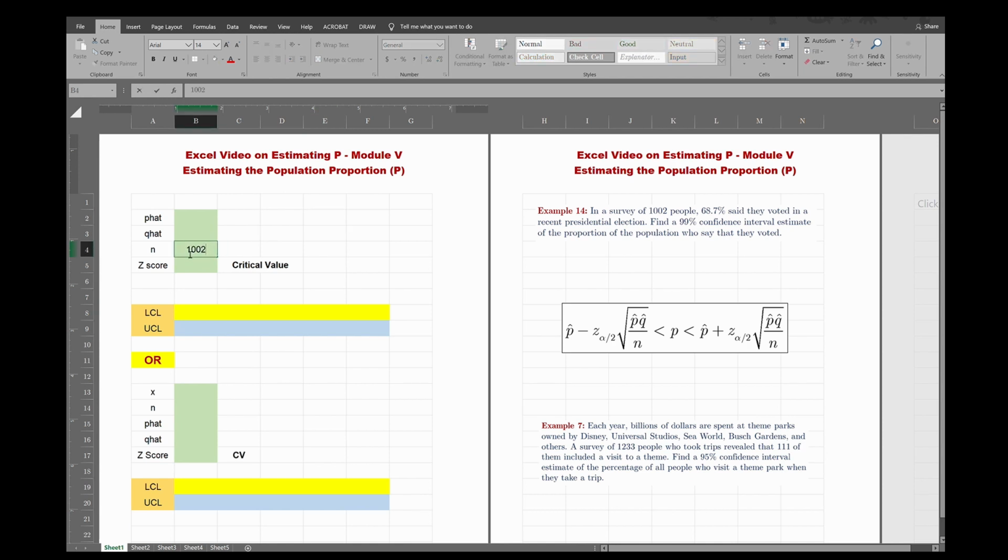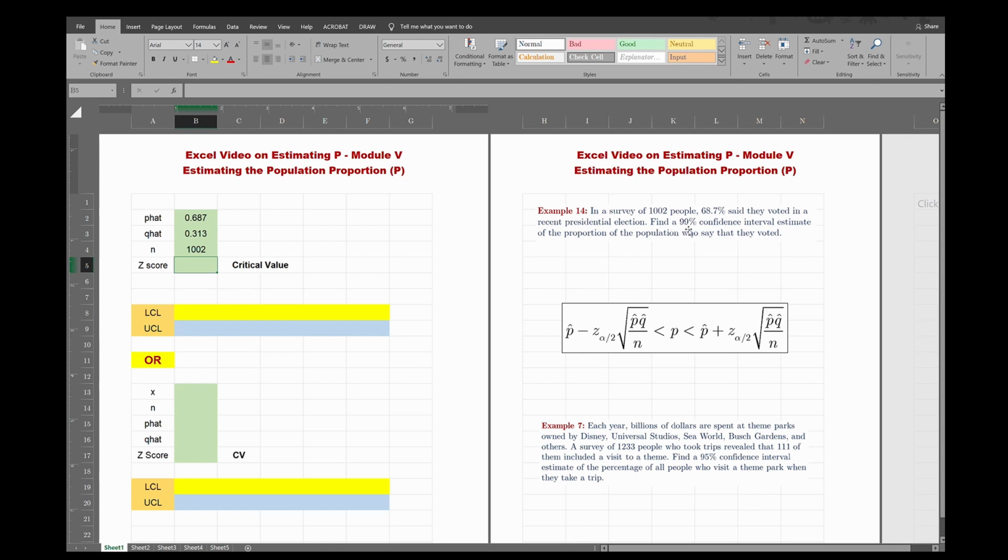That's how many people were surveyed. P hat, the sample percentage, was 68.7, but we need to write it as a decimal, 0.687. Now q hat is always 1 minus p hat, so you'll say equals 1 minus p hat. So there's your q hat.